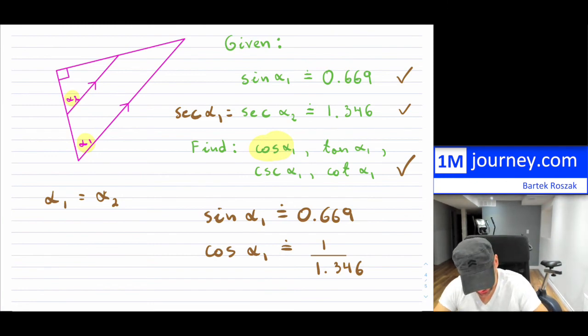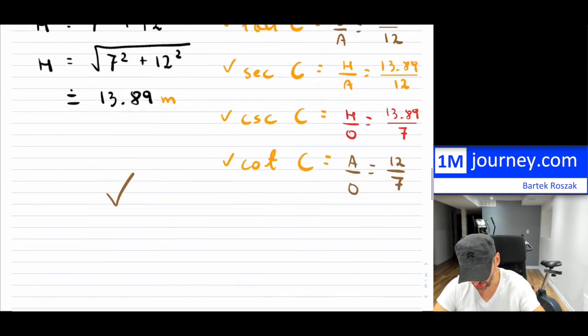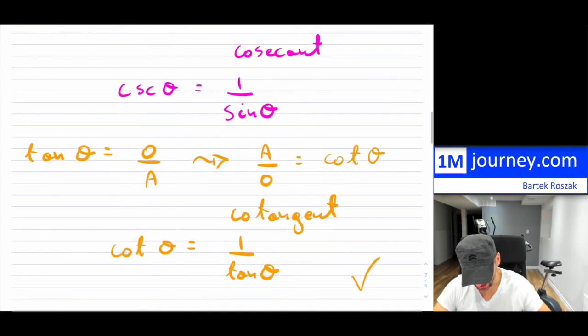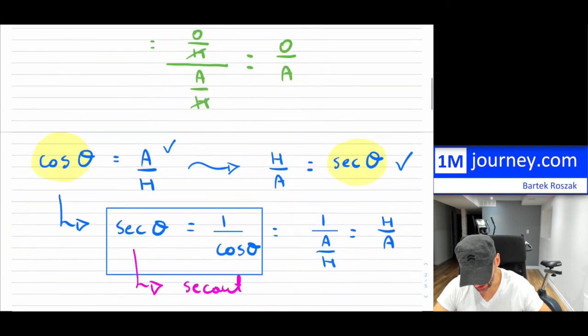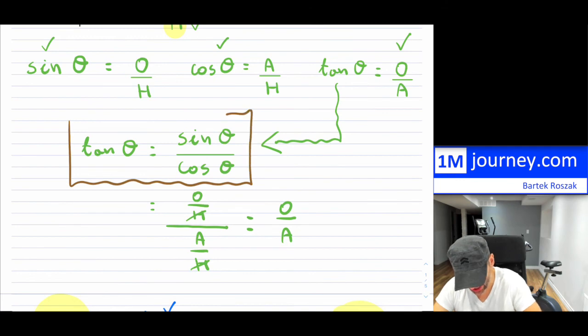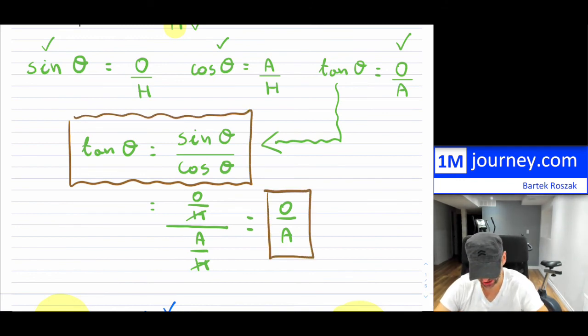Now they want to know tangent of alpha 1. But wait a minute, I know what tangent is. If I scroll back up here, notice that the tangent is just sine divided by cosine, because it gives us this particular ratio, which is opposite over adjacent.